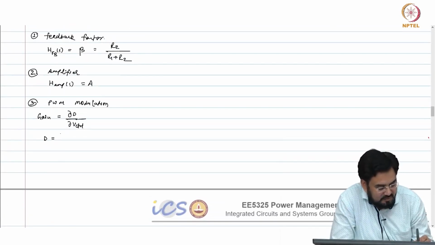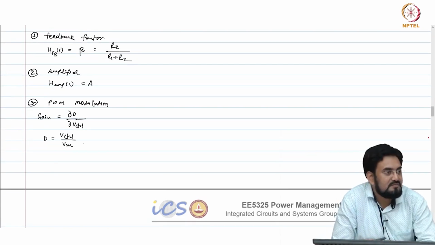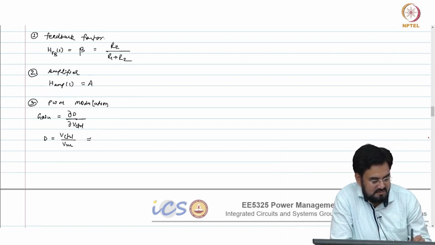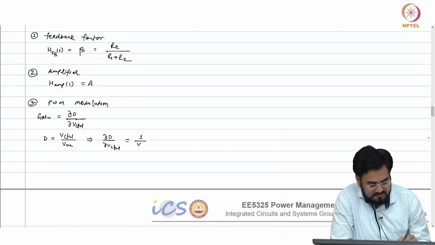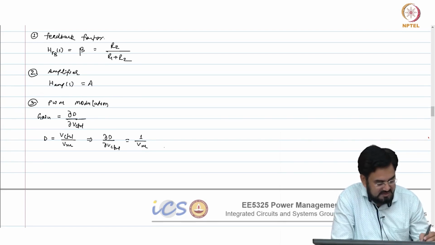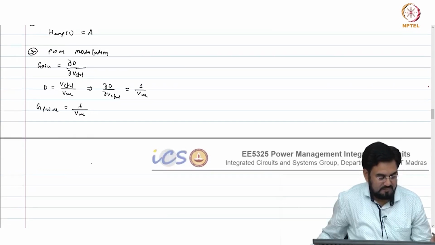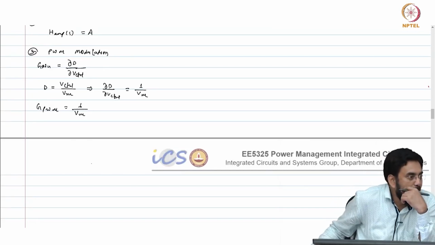Can I say D equals VCTRL over Vm? Correct or not? If you differentiate this, you get 1 by Vm. So, this is your GPWM, 1 over Vm.